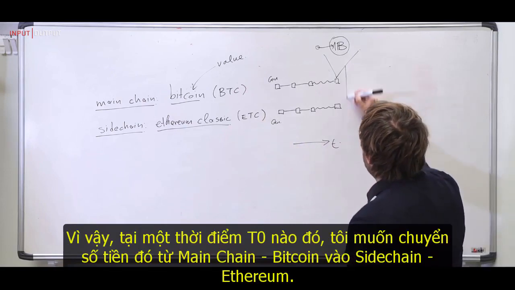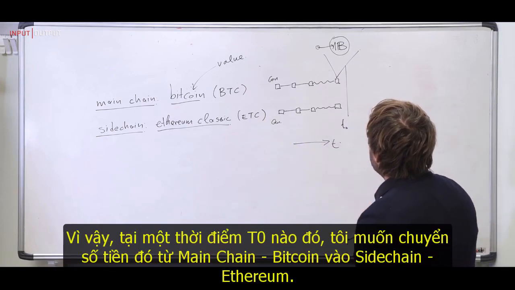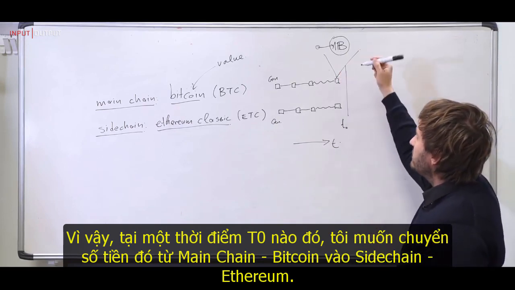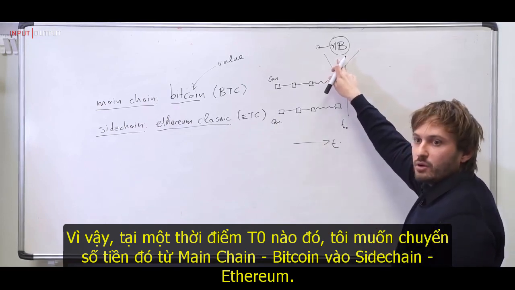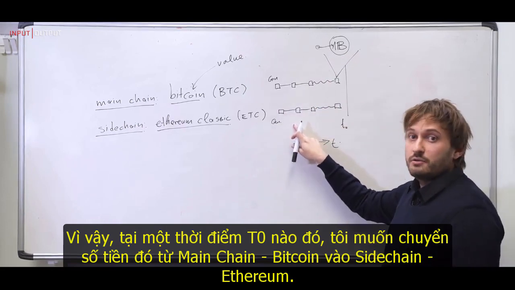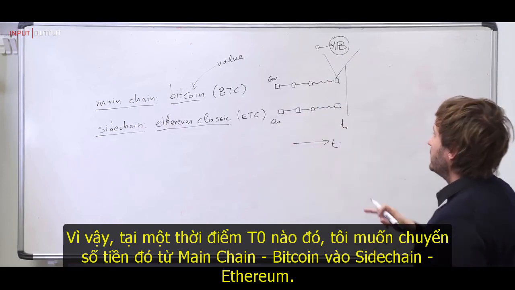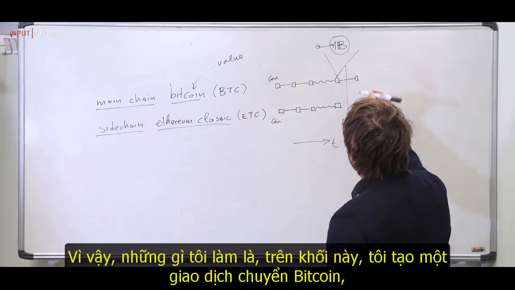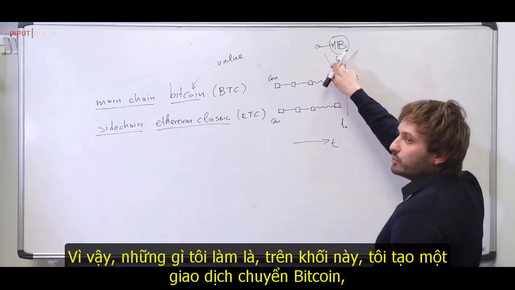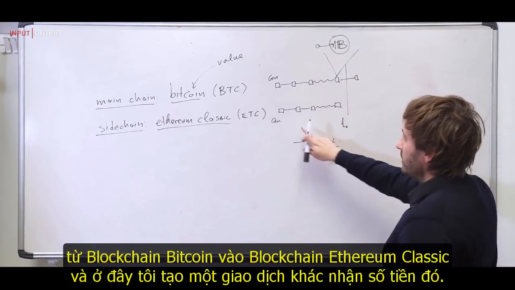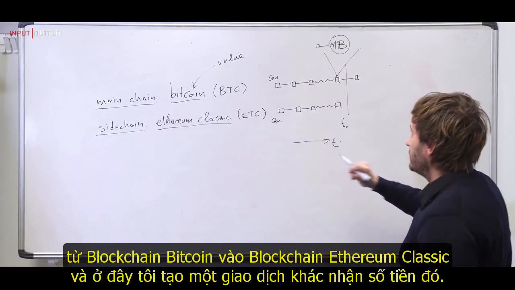So at some time, say T0, I want to be able to move that amount and have it remain a Bitcoin from the Bitcoin main chain into the Ethereum side chain. So what I do is, on this block, I create a transaction that moves out that 1 Bitcoin from this Bitcoin blockchain into the Ethereum Classic blockchain.